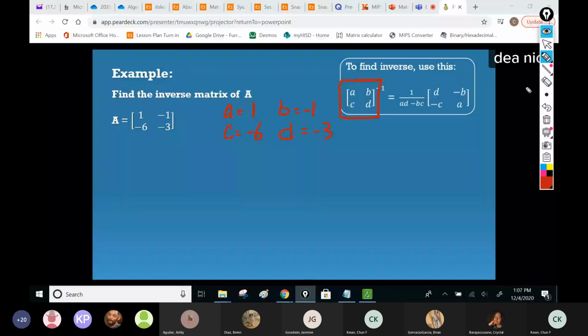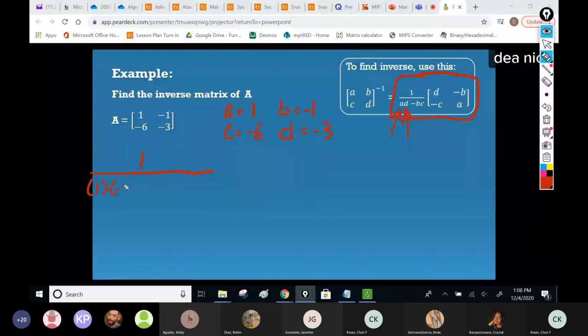All right. Next step is I want you to plug the numbers into this part right here. I'm going to write it down here: 1 over. I need A times D, so that means I need 1 times D, which is -3.